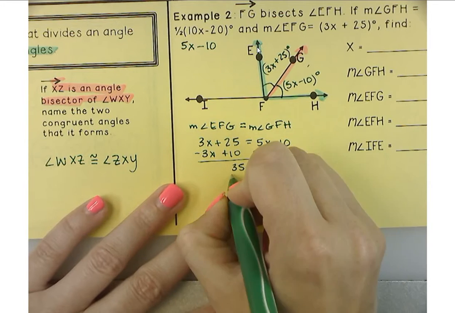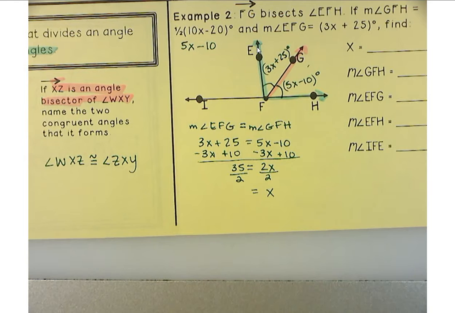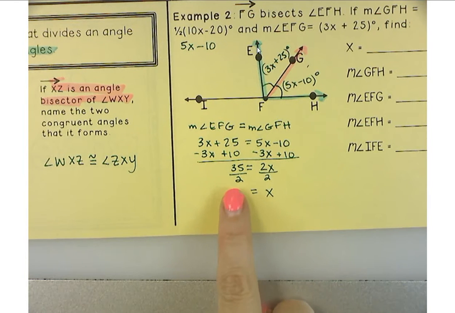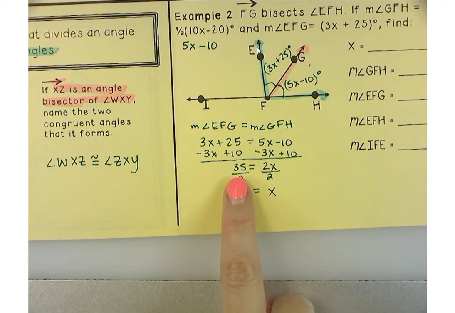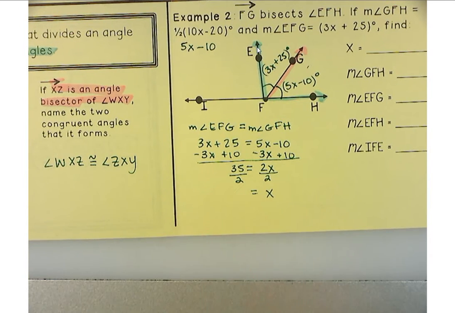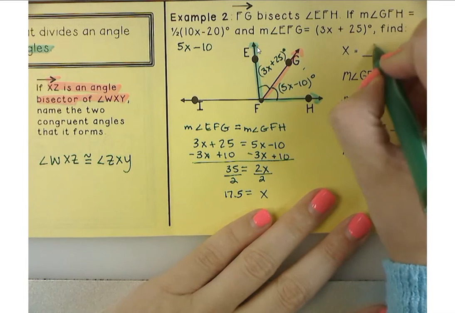And now I'm dividing by 2. Whenever you're cutting something in half, if it's an odd number, you can just think of the even number. So 34, do you guys know what half of 34 is? 17. Good, so then it would just be 17.5. Okay, so x is going to be 17.5.